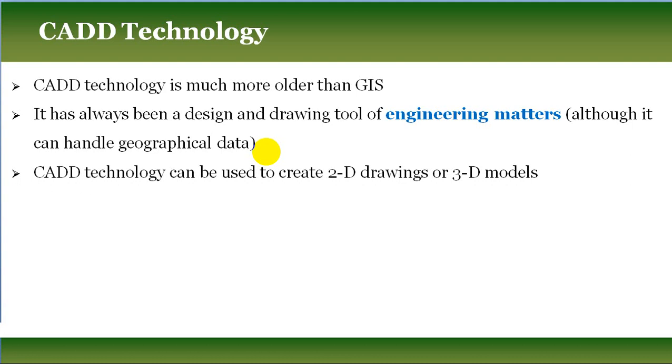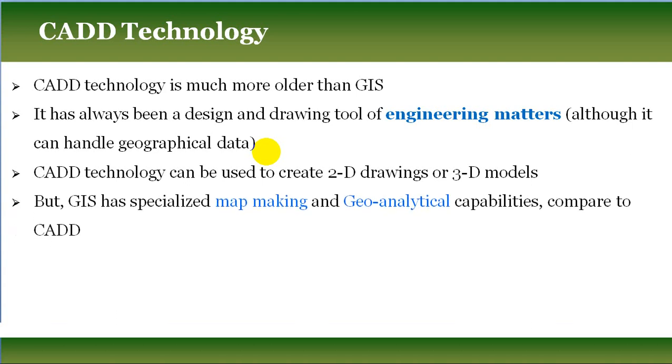That is possible to perform using CAD technology. One very popular software that implements this CAD technology is Autodesk AutoCAD. You may have heard about this particular software. Autodesk AutoCAD basically implements CAD technology for handling engineering drawing and design.